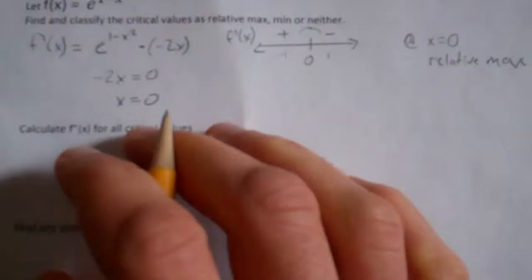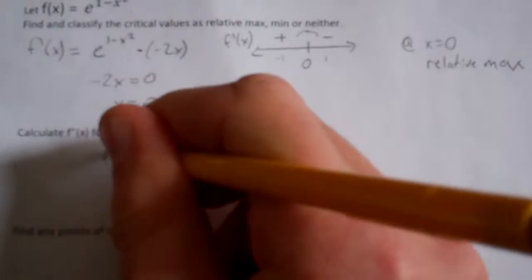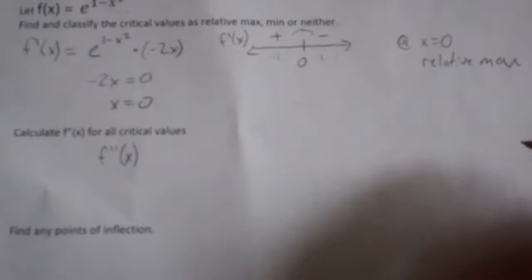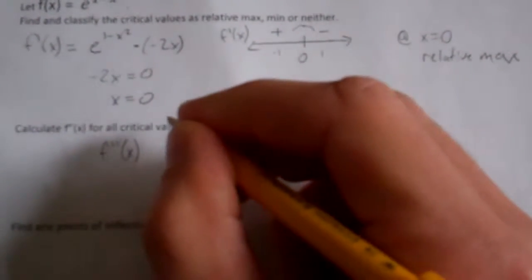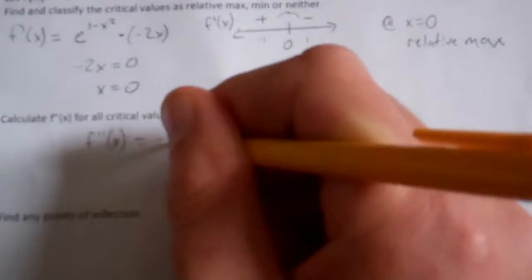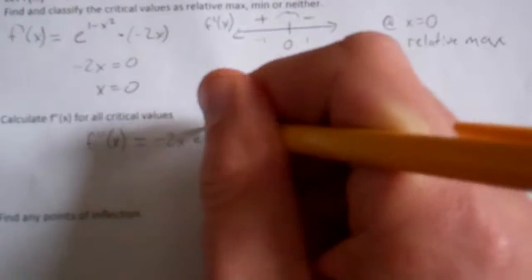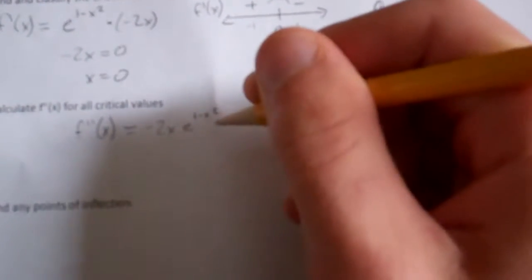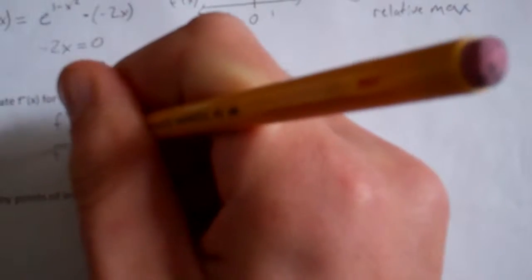Alright, for the second part, we are calculating the second derivative at x equals 0 because that is our critical value. So I need to take the second derivative of negative 2x times e to the 1 minus x squared. I'm going to do that using the product rule. Oops. It's f prime of x, so f double prime of x.